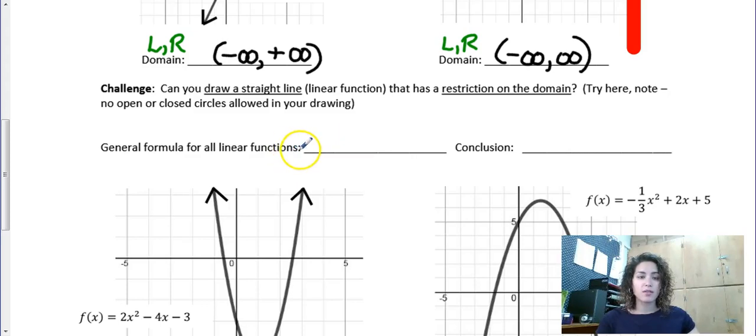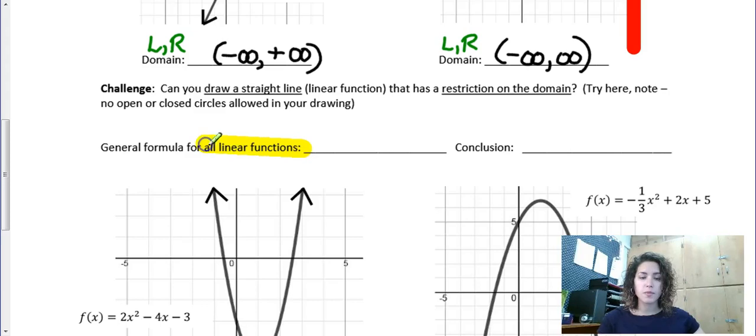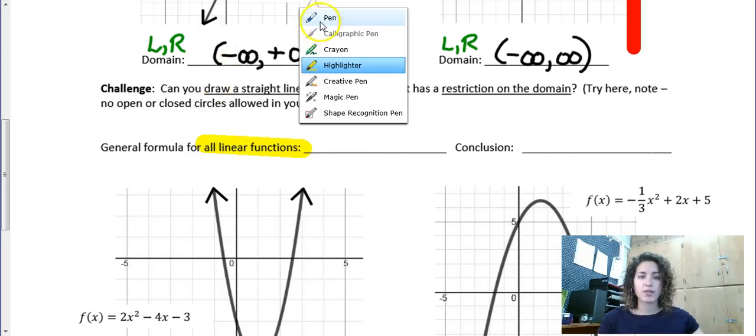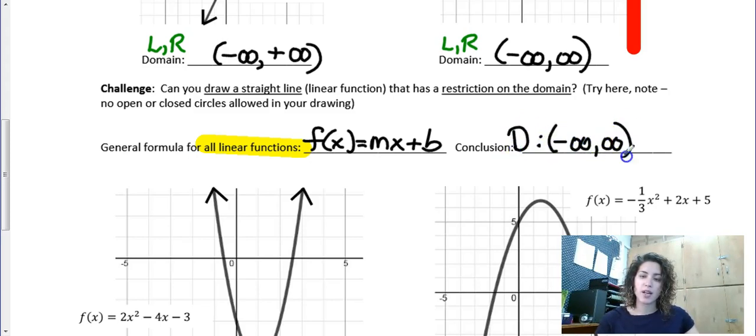So for all linear functions, I'm going to highlight this keyword. For all linear functions that look like f of x equals mx plus b, the conclusion for the domain is -infinity to positive infinity. Or, starting today, we're going to introduce a symbol that means all real numbers.